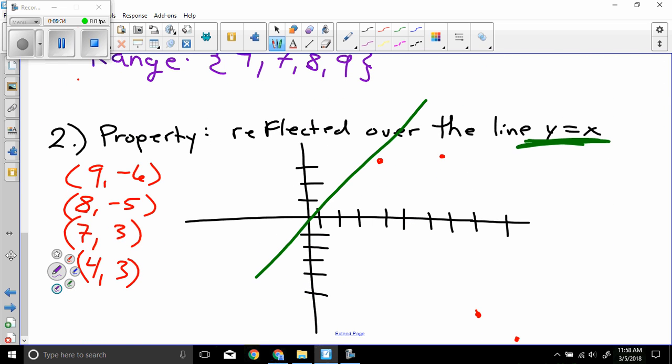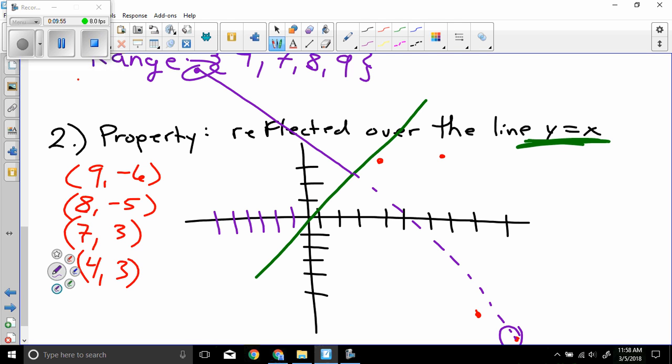Oh, -6, that'd be 1, 2, 3, 4, 5, 6, and then 9. That's way up here somewhere. Now that point, if I were to run it down to my line here, and then reflect that line down to here, I should hit them. Just like this.